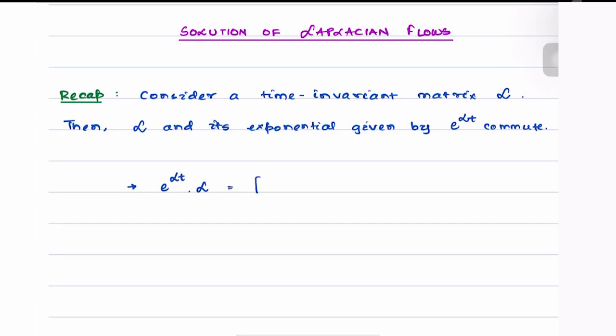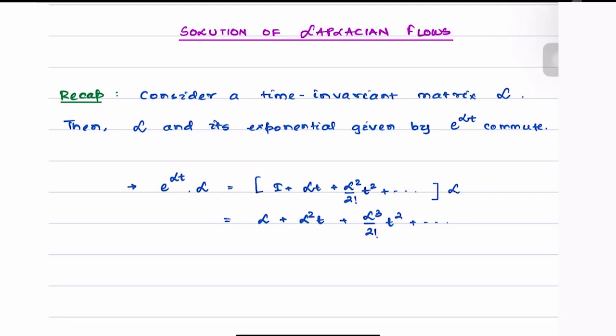Let's quickly see. e raised to the power Lt can simply be written as, we do the expansion that we are familiar with, I plus Lt plus L squared by 2 factorial t squared, and so on, multiplied by L. Let's multiply all of the terms here with L. And what do we get then? L plus L squared t plus L cubed divided by 2 factorial times t squared, and so on.